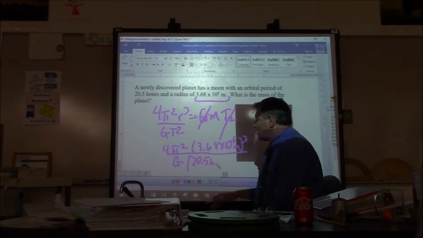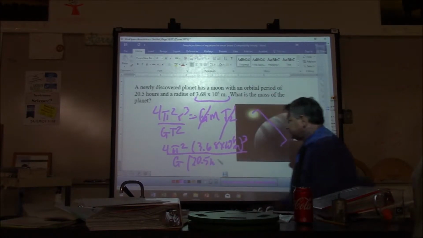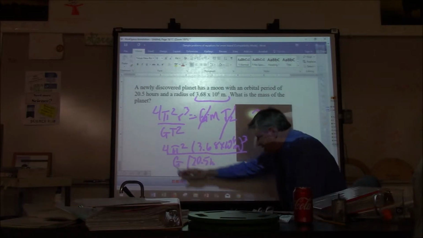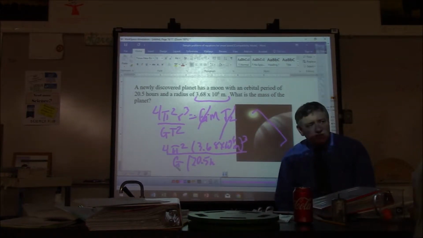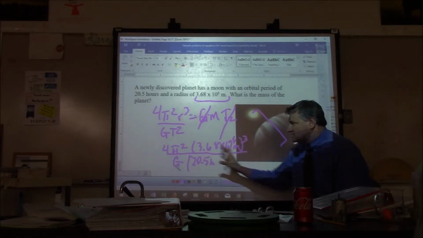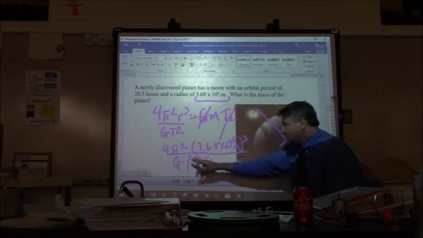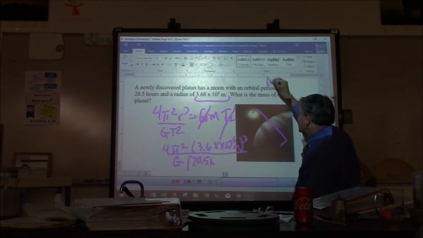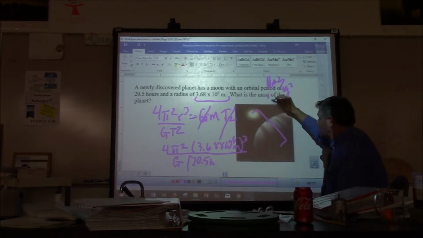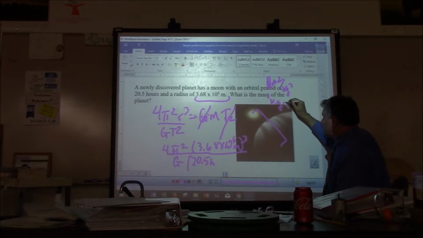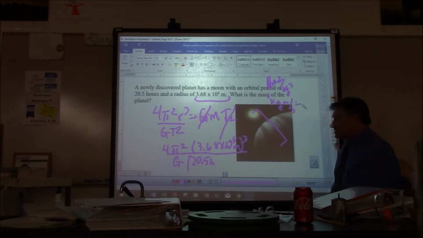Now, out of all of this, meters, the hours, big G, what's the only unit of time that exists anywhere in this equation? And where do the seconds come from? Yeah, because in big G, you've got newtons meters squared over kilograms squared. And those newtons are kilograms meters per second squared.